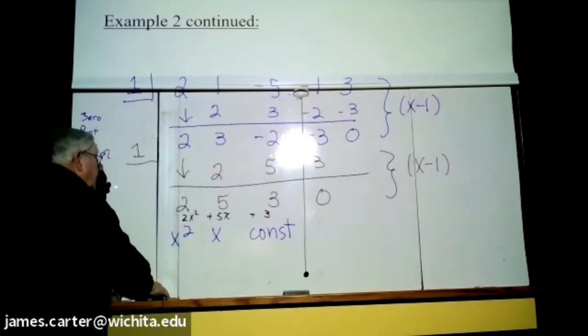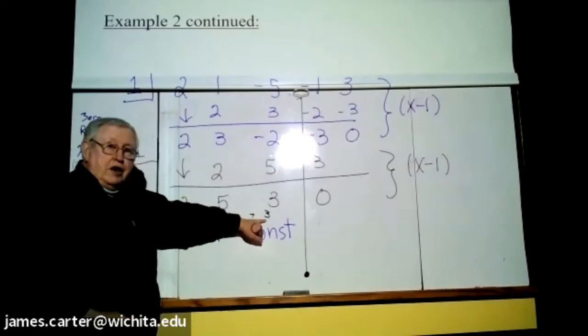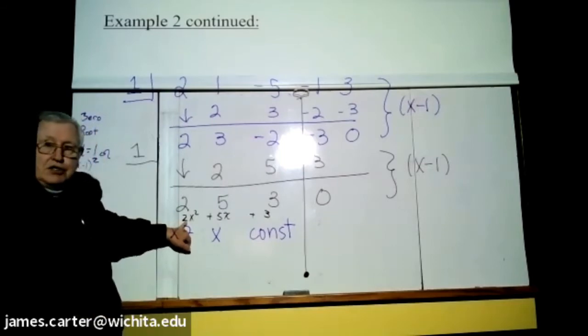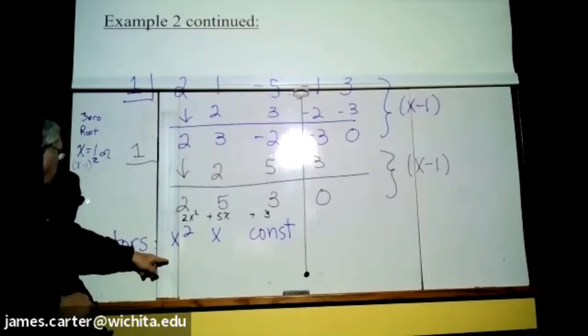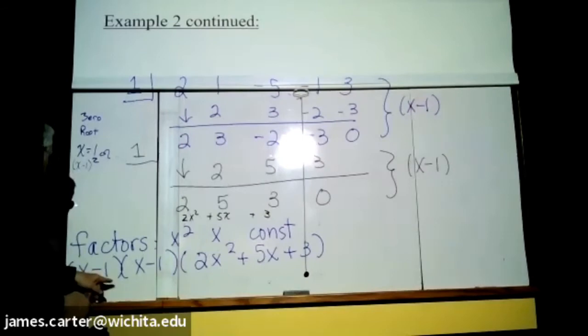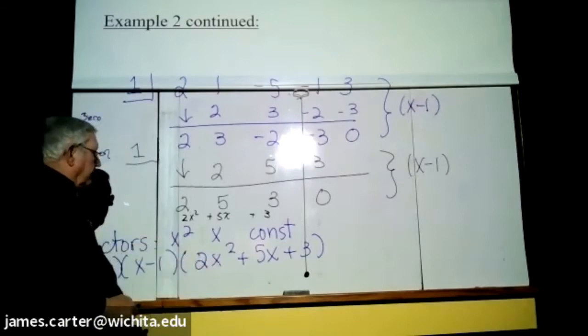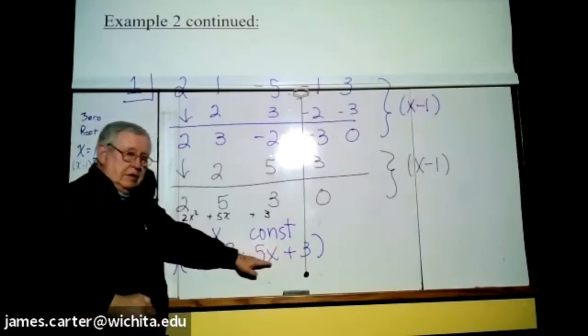And that thing, we can either try a 1 or a 3, and also divide it by a 2 as possibilities. Now, what are the factors of this thing? Well, we've got x minus 1, and we've got this so far. Well, will this break down further?